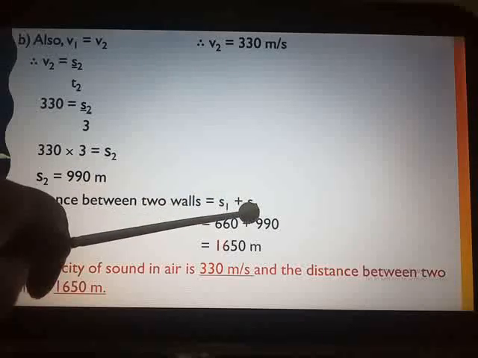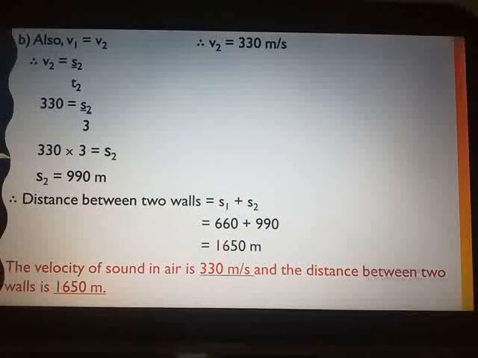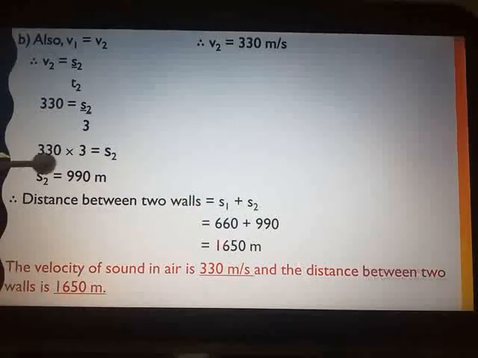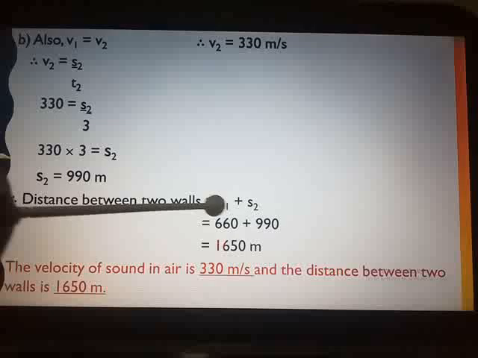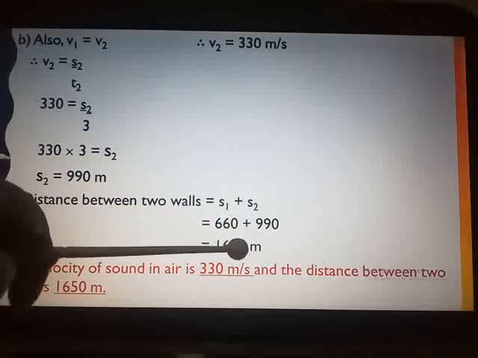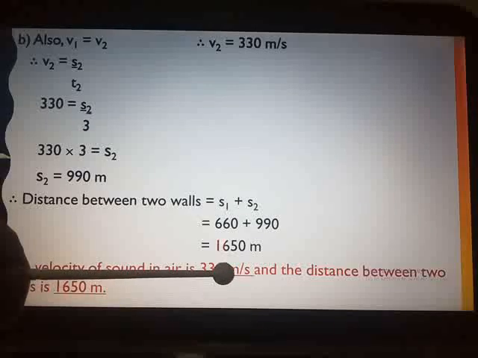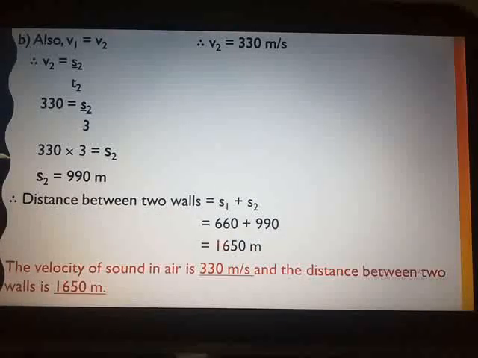S1 plus S2. You have the distance from the first wall 660 plus S2 you have found out as 990. Add both, 1650 meters. So the velocity of sound in air is 330 meters per second and the distance between the two walls is 1650 meters.